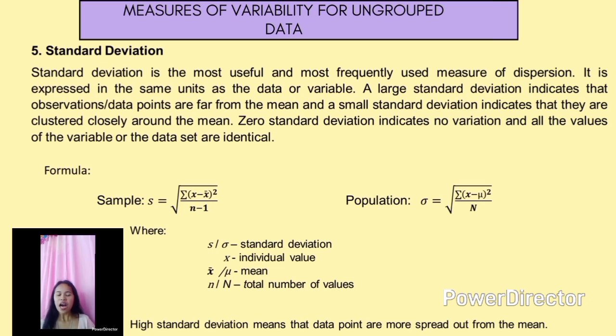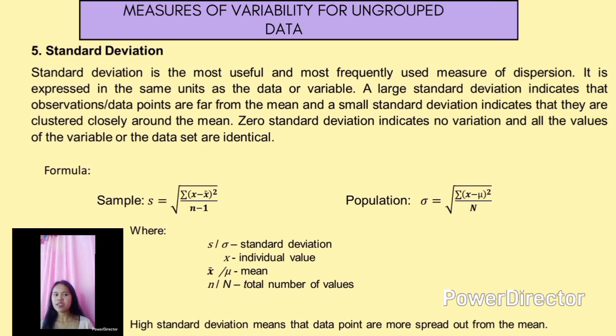A large standard deviation indicates that observations or data points are far from the mean, and a small standard deviation indicates that they are clustered closely around the mean. Zero standard deviation indicates no variation and all the values of the variable or the dataset are identical. So, standard deviation is the square root of variance, placing the value back into the same unit as the scores.